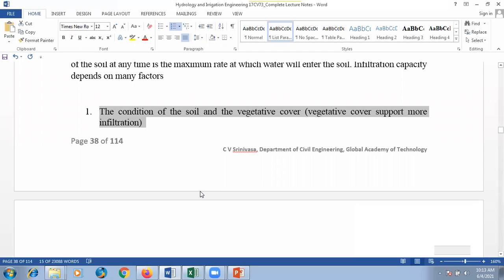Because of which the movement of water in sand or gravelly soil is much easier as compared to movement of water in clay. So the infiltration through rainfall into a gravelly soil or sand is much higher compared to a fine-grained soil like clay.